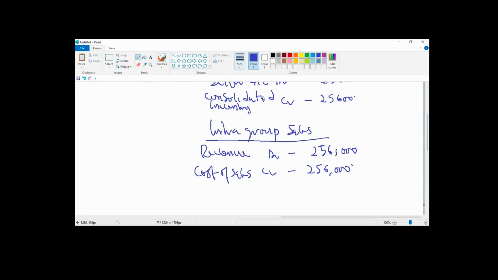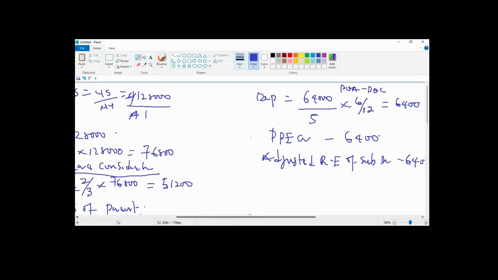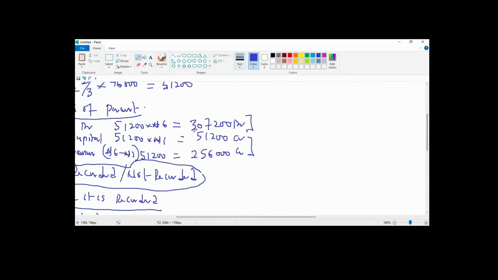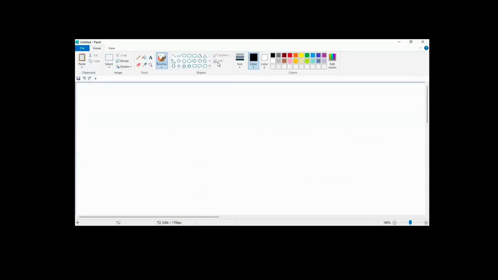We have not gotten the retained earnings at the date of acquisition, so I have not gotten my net assets to even determine my goodwill. Let's go and share another one. Let's use red for this.